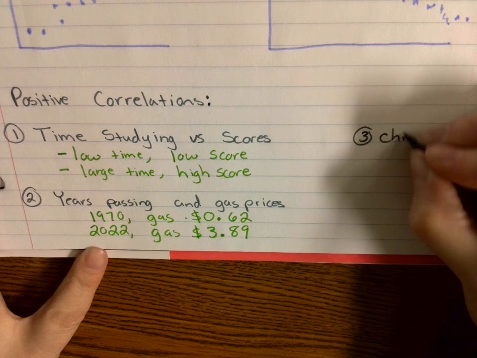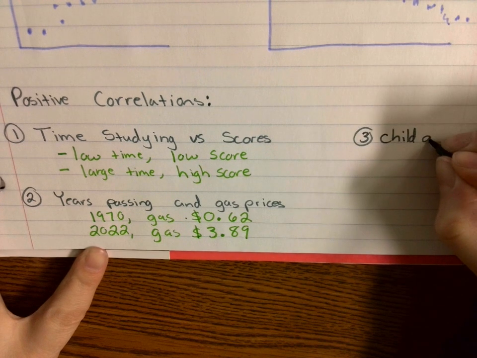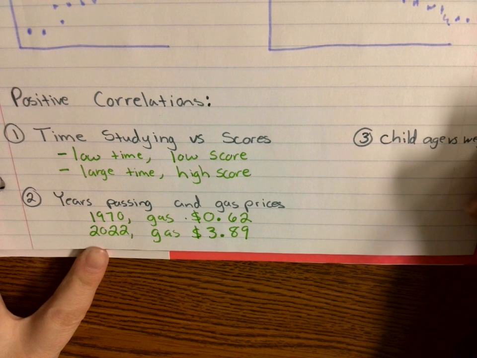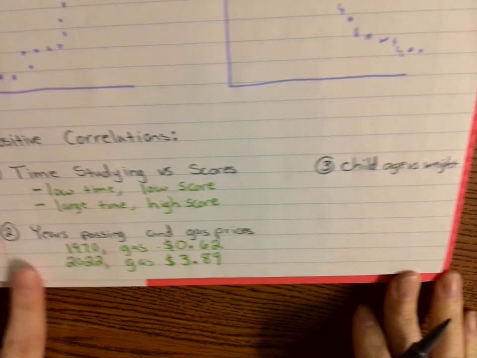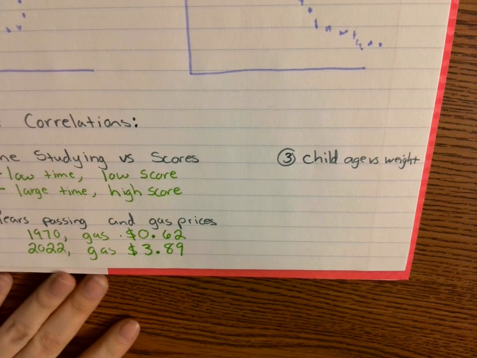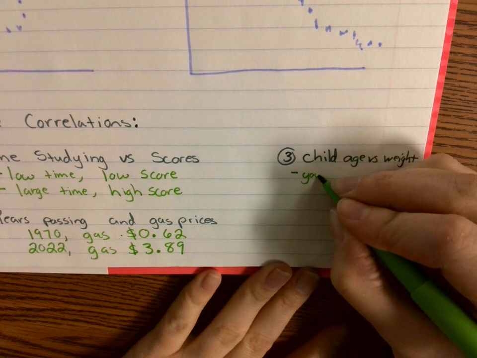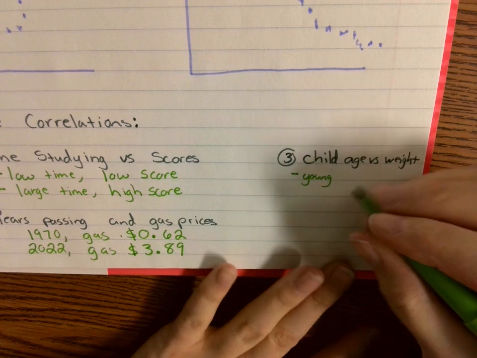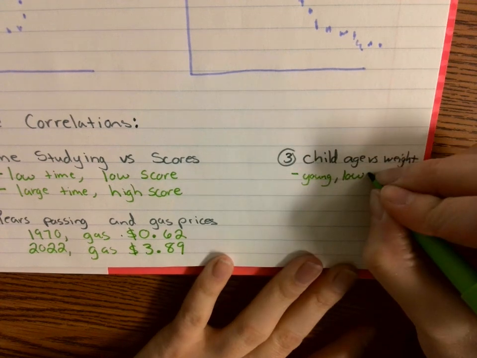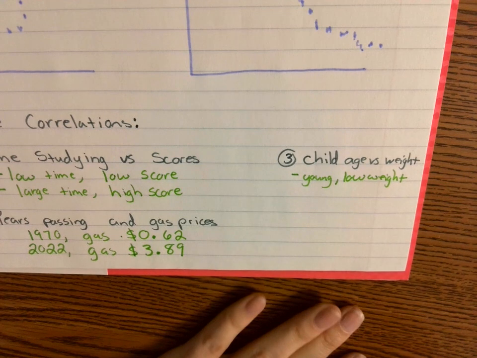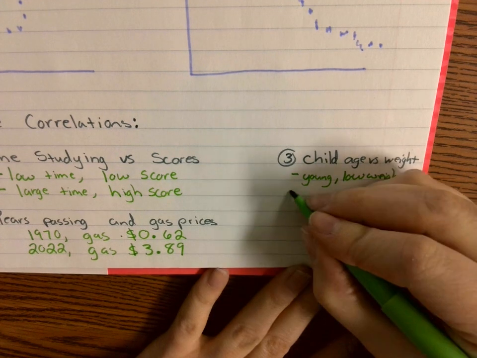A child's age versus their weight. A child's age versus the weight. Okay, when a child is really, really young, like as a baby, they're going to have a lower weight, right? When you're born, you weigh less than 10 pounds for the majority of people. But as you get older, your weight starts to increase.